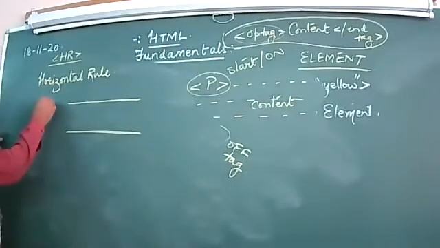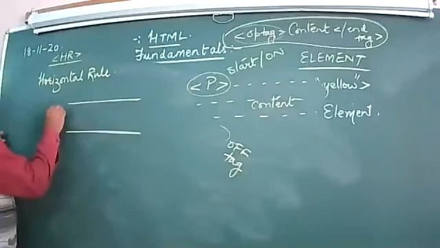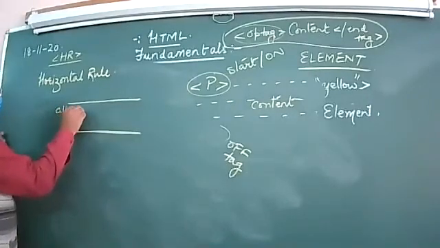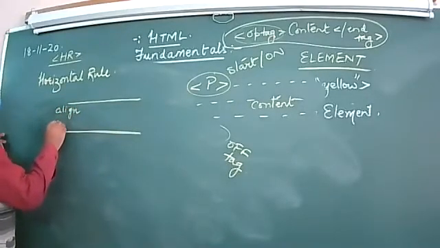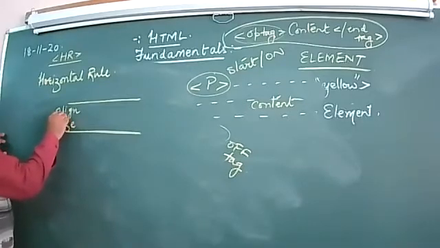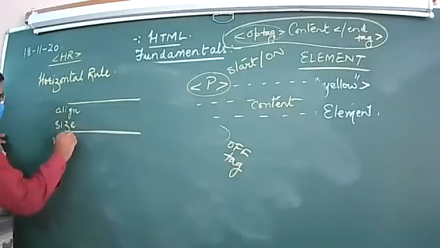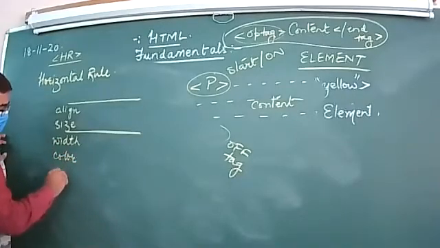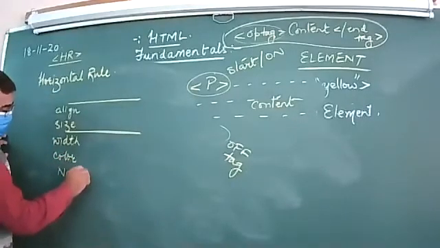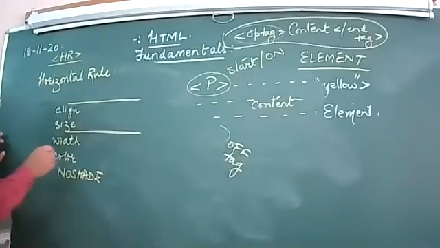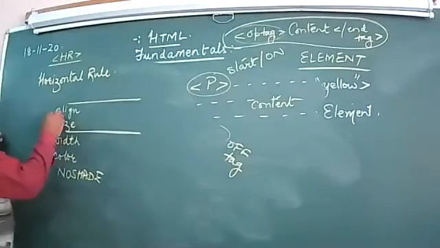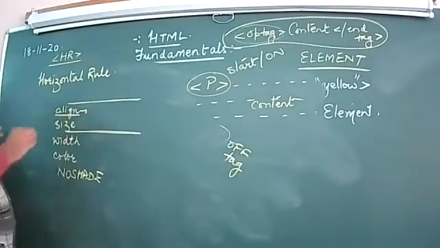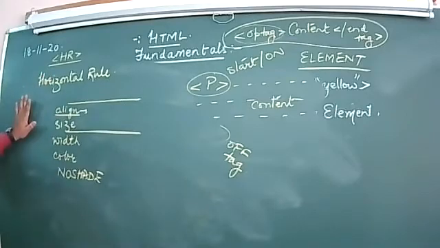And what are the attributes of HR? Align, size, width, color, and noshade. The noshade attribute. The align attribute of HR means you are setting the alignment of the line.